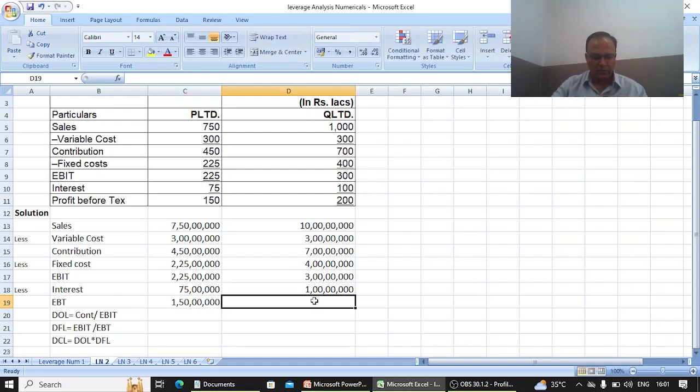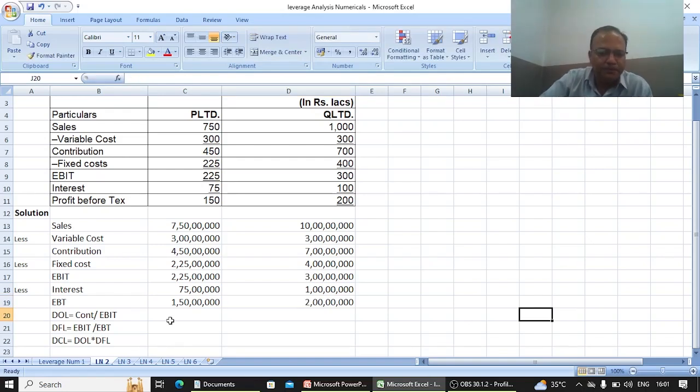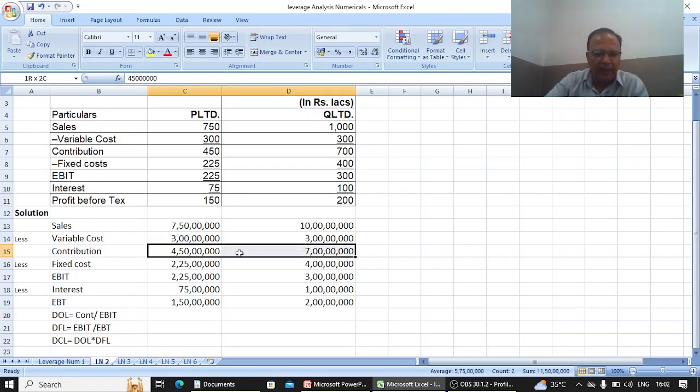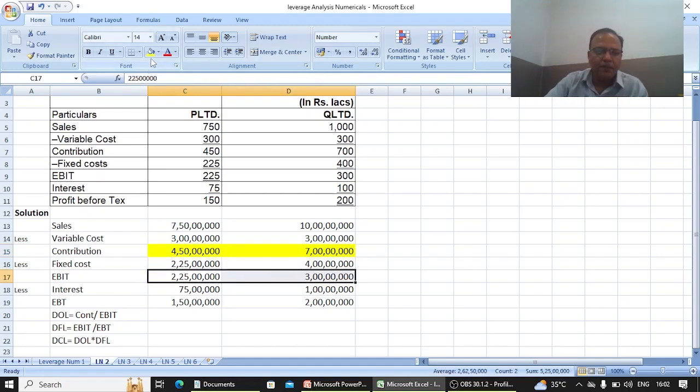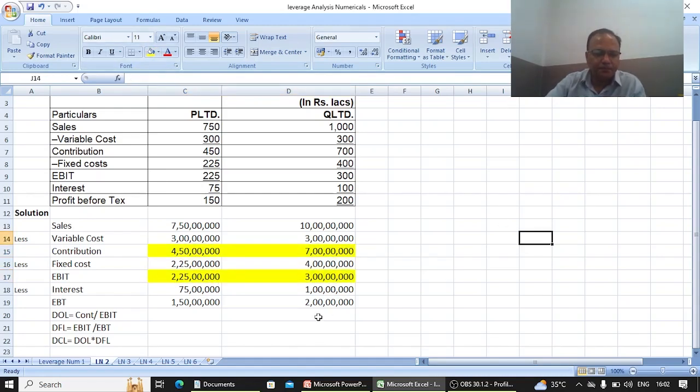Here it will be 2. Now simply apply the formula. Formula is degree of operating leverage is equal to contribution by EBIT. So 450 divided by 225 will be 2. 7 by 3, it will be 2.33.